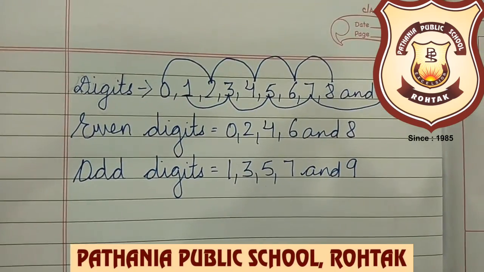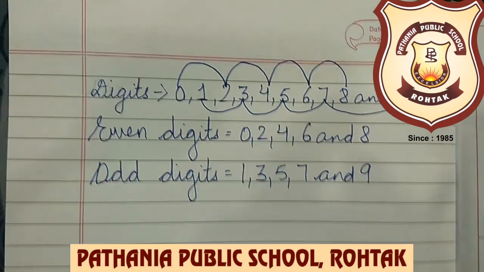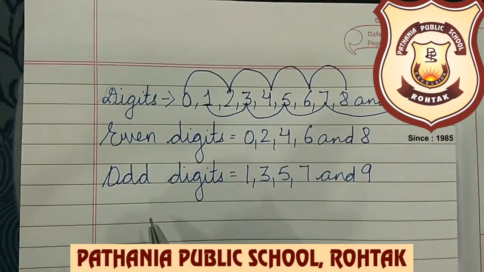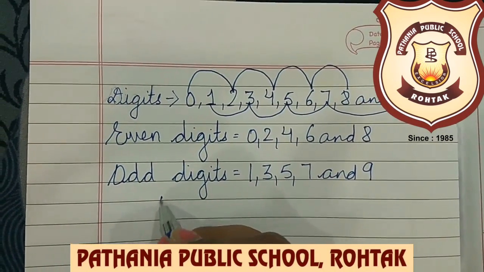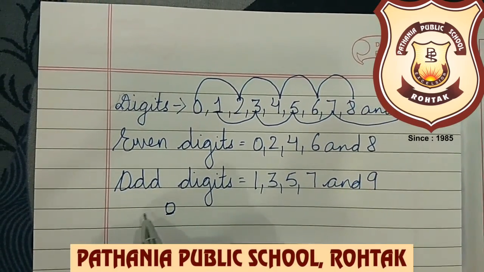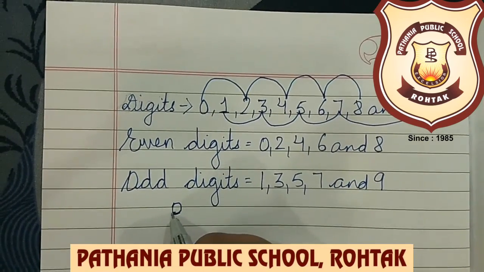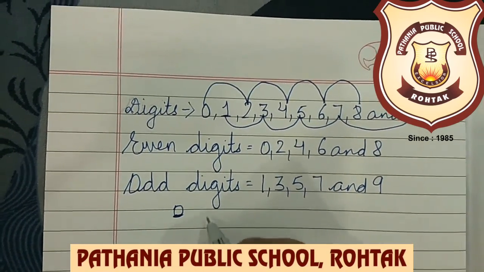Now understand how these digits will help you to identify even and odd numbers. You always need to look at the ones place of the number. How many digits a number has, that doesn't matter. You need to look at the ones place only.